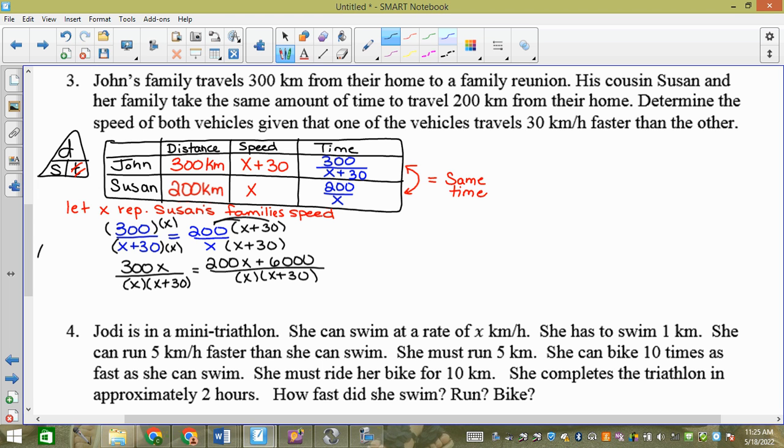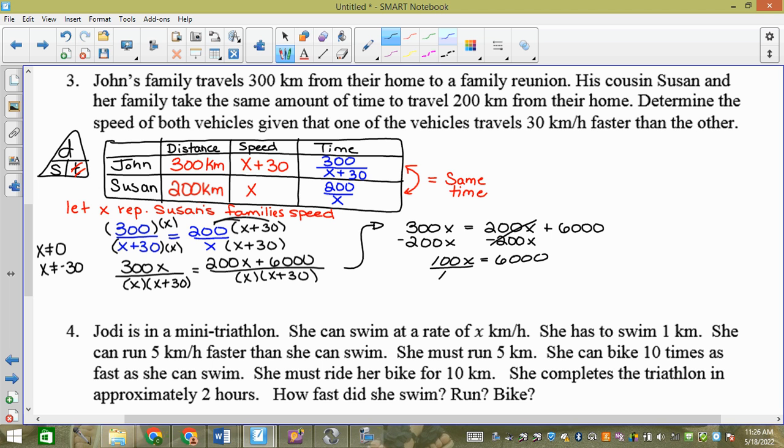Before we drop off our denominators, we're going to say x can't equal 0, which makes sense, it's a speed, and x can't equal negative 30, which also makes sense, it's a speed. Correct? Like you can't go negative 30 speed. So then we can set our numerators equal. We get 300x equals 200x plus 6,000. Subtract 200. We get 100x equals 6,000, divided by 100.